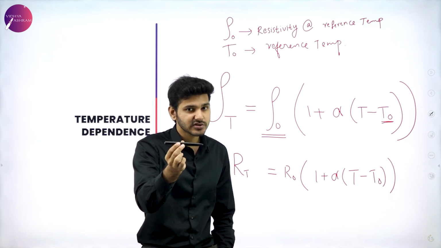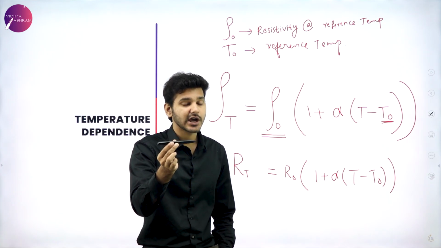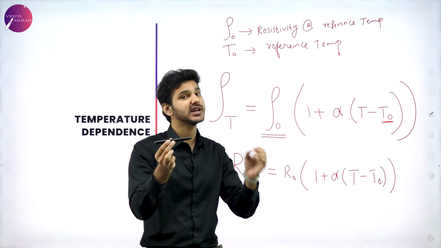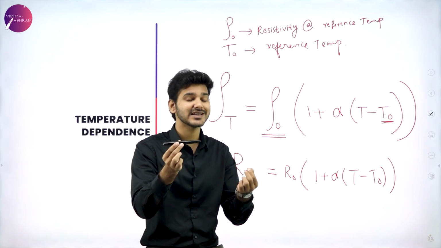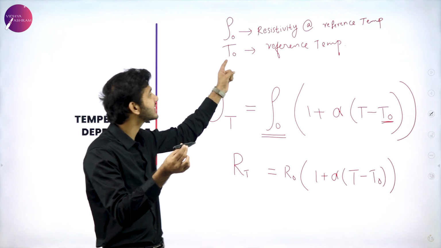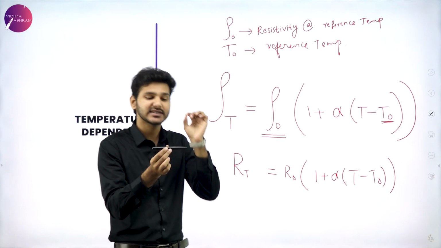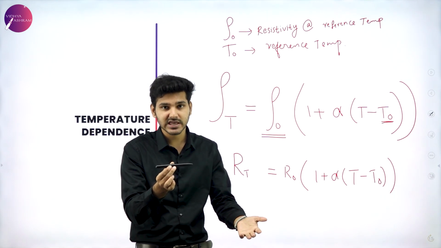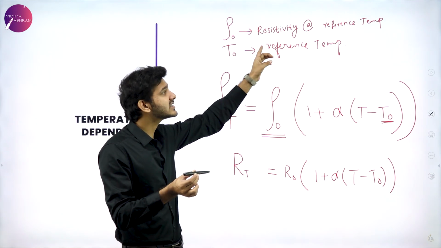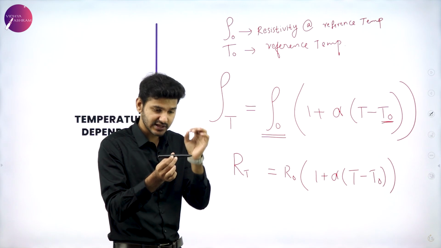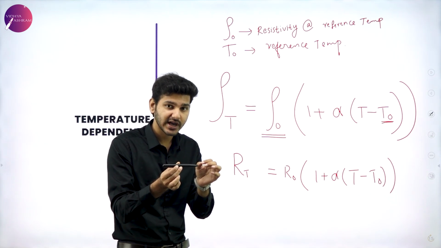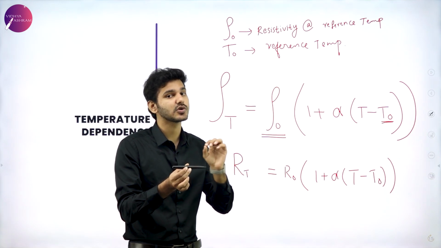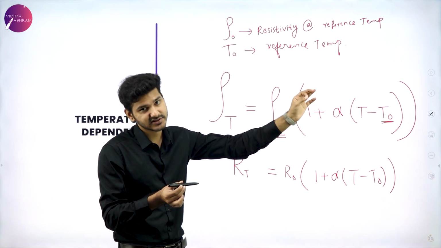When I connect it and just start the experiment, I note that the room temperature is 28 degrees Celsius. That is the reference temperature. The resistivity of the material of the wire measured at room temperature is known as resistivity at reference temperature.